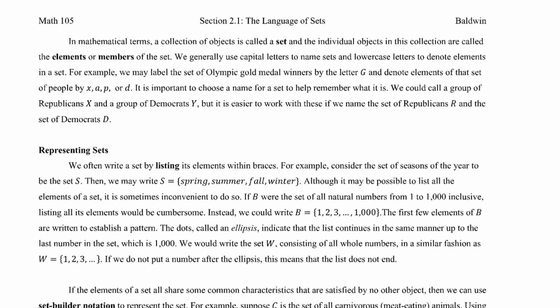So in mathematical terms, if we have a collection of objects, we refer to this as a set. And the individual objects in this collection are called the elements or the members of that specific set. It's pretty typical that we're going to use capital letters to identify the set and lowercase letters to identify the elements in that set.